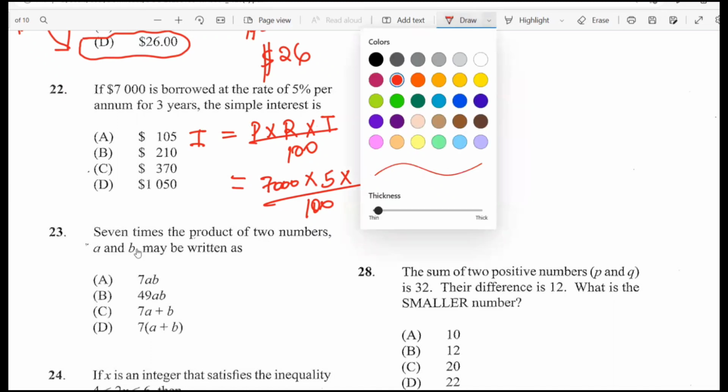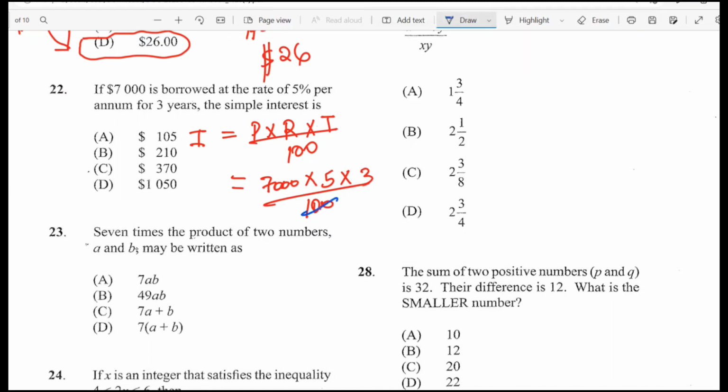We could do our quick canceling there. 100 into itself one time, and 100 into 7,000, that's 70. So we could go about multiplying these. 70 times 5, then multiply that by 3. All right, so we could simply work those out easily and would get 1,050. And this response would have been D here, 1,050.